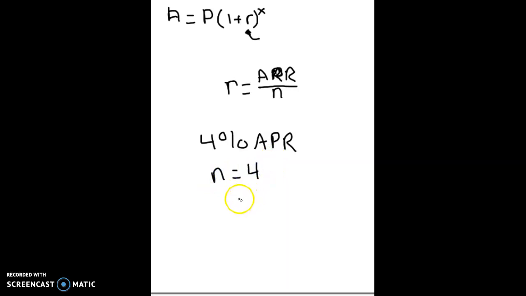So in your formula, you actually have to take the principal, so it was 2,500 for this particular problem. This is number 35, by the way. And then 1 plus the 4% is the rate, absolutely, but it's actually divided by 4 because it's happening quarterly. It's happening 4 times a year.